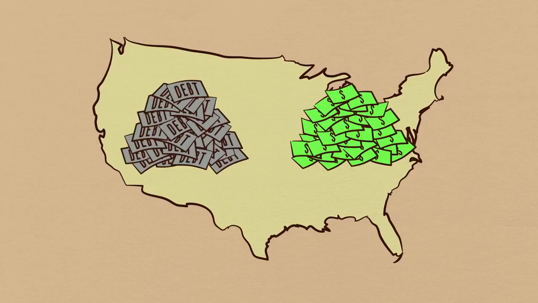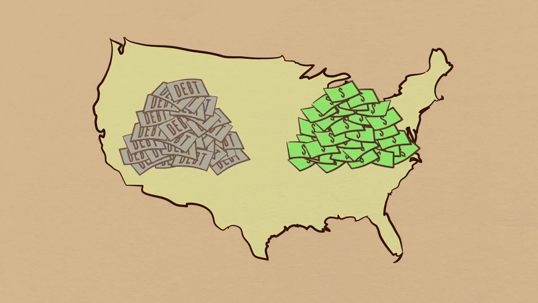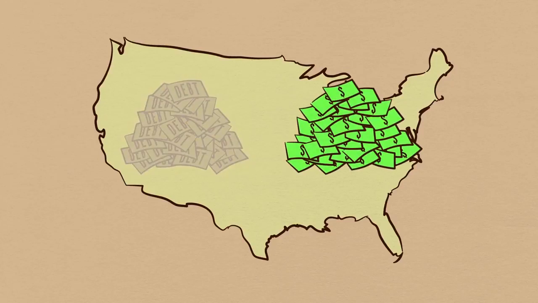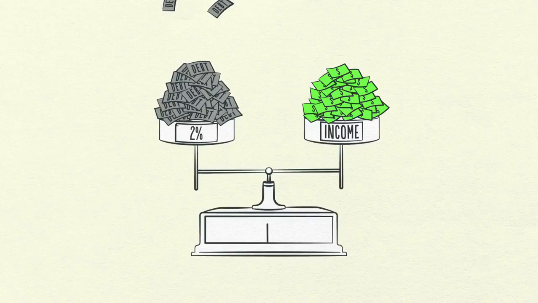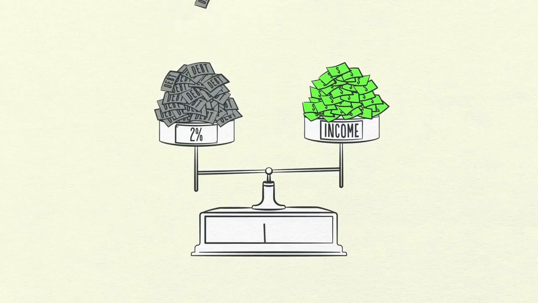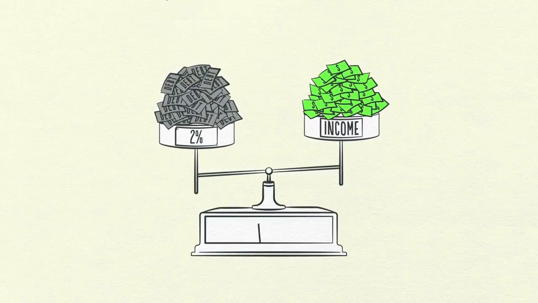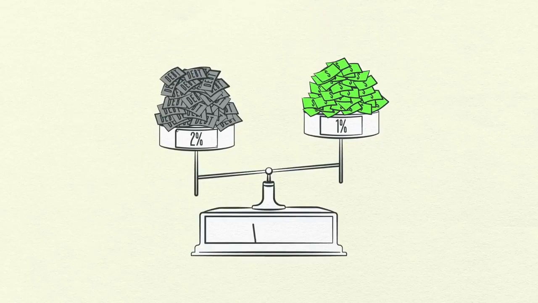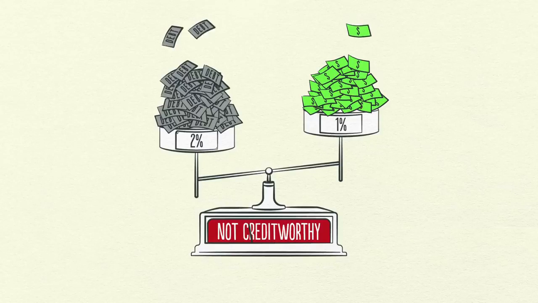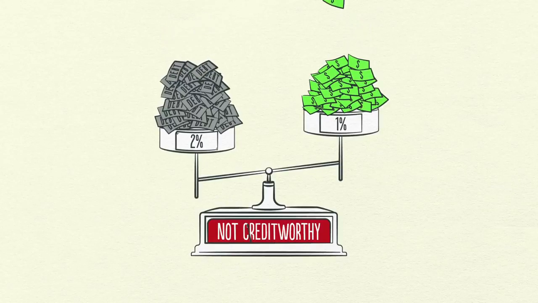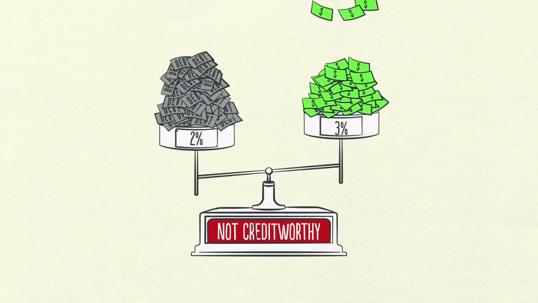That means that the amount of debt it has is the same as the amount of income the entire country makes in a year. Now think about the interest rate on that debt. Let's say it's 2%. If debt is growing at 2% because of that interest rate, and income is only growing at around 1%, you will never reduce the debt burden. You need to print enough money to get the rate of income growth above the rate of interest.